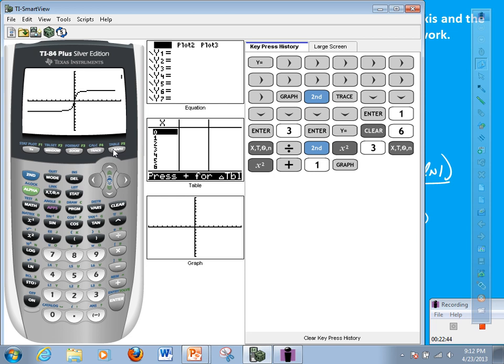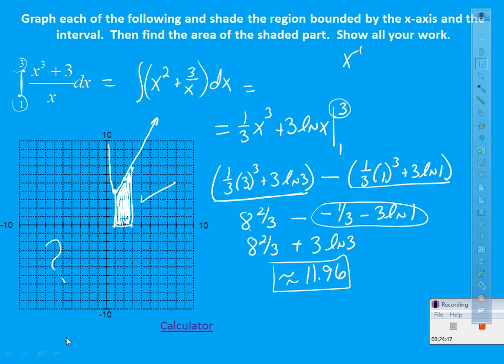I'd like to find the area under the curve from 0 to 4. So second calculate, number 7, from 0 to 4, enter. There it is. We had 12 when we did it by hand. My calculator says I'm right. So there's where we are.